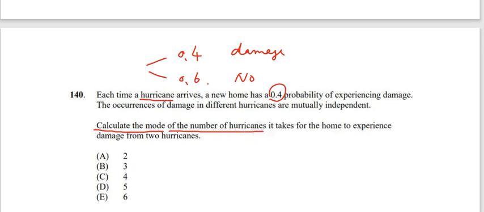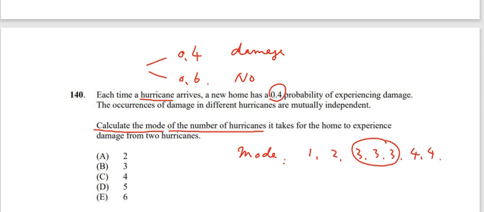So at first, what does the mode mean? In statistics, the mode is the number that appears most. Suppose we have data like this: 1, 2, 3, 3, 3, 4, 4. Then we say the mode is 3, right? This 3 is the mode because it appears most of the time.